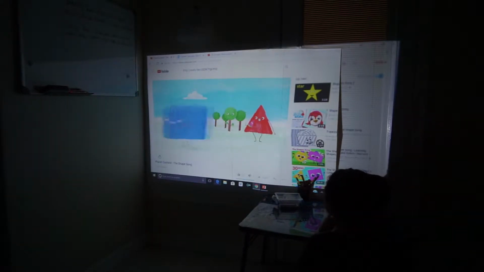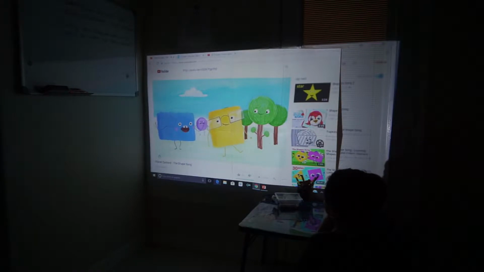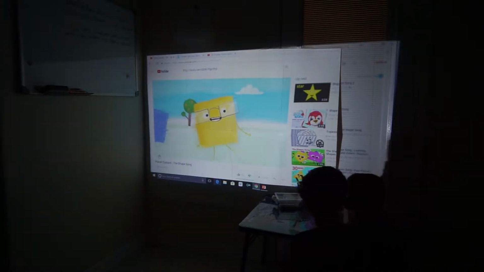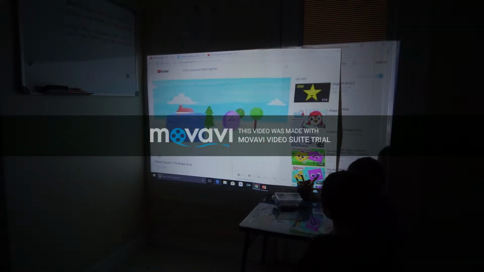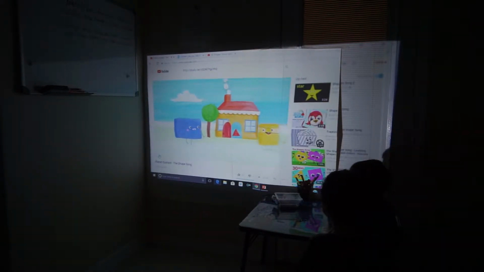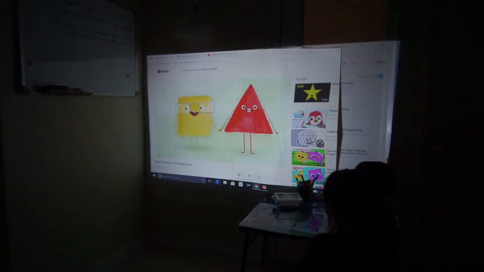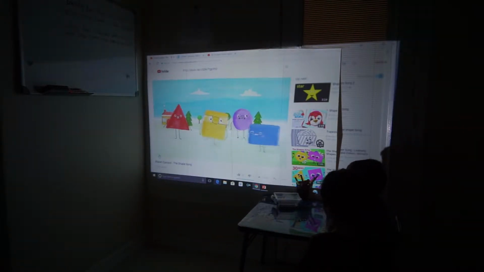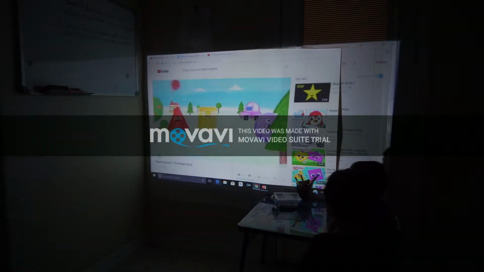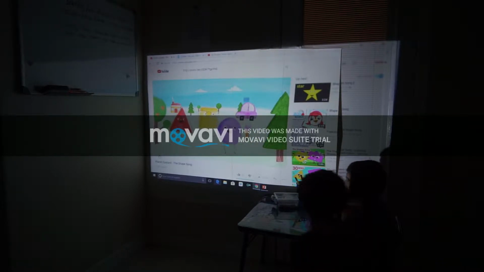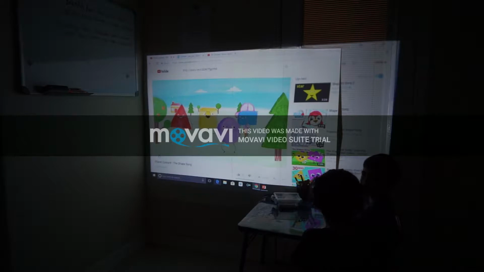Circle, triangle, rectangle, square. Where? There. Oh yeah. Shapes everywhere. The shapes in everything we see. The square has 4 sides, the triangle has 3.